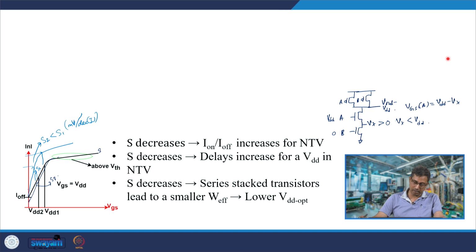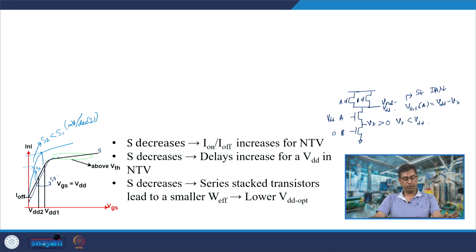Now, if S is also smaller, then the current through transistor A would be even smaller, because for smaller S, the change in current is larger from VDD1 to VDD2. Likewise, from VDD to VDD minus Vx, the change in current would be larger for smaller S. If S is reduced, Ia is further reduced, because of this reason.